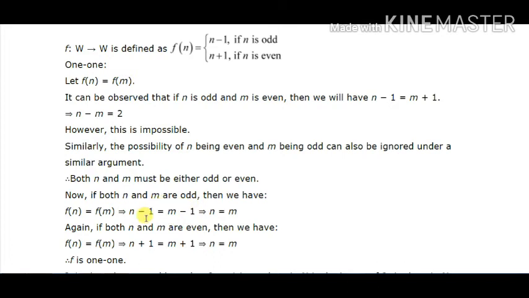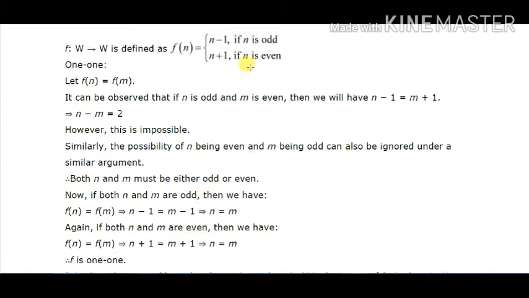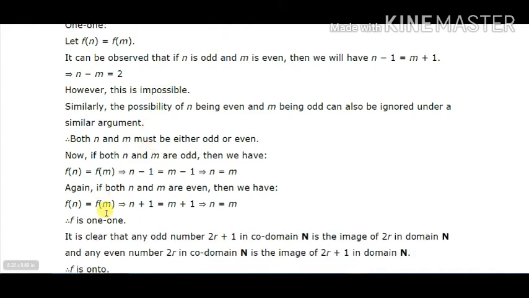Now this gets cancelled and you get n equal to m. Now if both are even, then the function is defined as n plus 1. So you get n plus 1, and in place of f(m) you get m plus 1. So 1 gets cancelled and you get n equal to m. So in both these cases, we have shown that f(n) equal to f(m) implies n equal to m. So f is a one-one function.